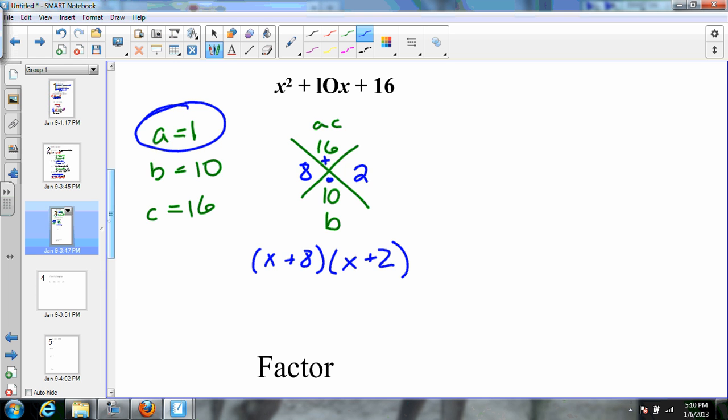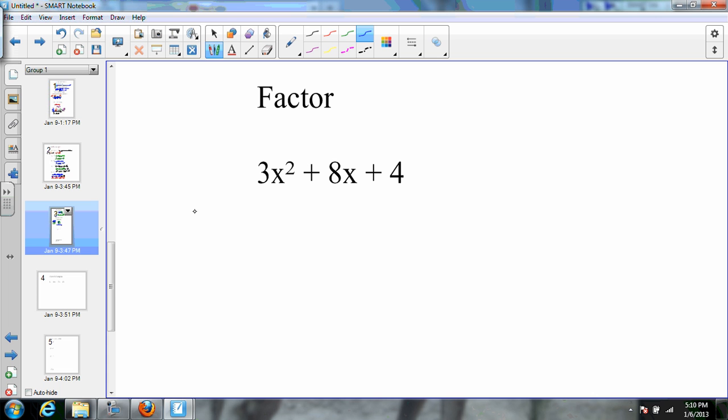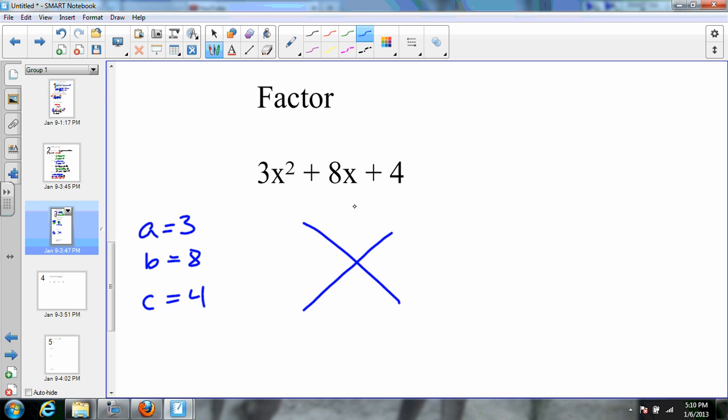So this one had a as 1. It's pretty simple, but when a is not 1, you have to do an additional step. So we have 3x squared plus 8x plus 4. a is 3, b is 8, c is 4. a times c up top is 12, b is 8. What two numbers multiply to 12 that add to 8? 6 and 2. So we fill it in, we get x plus 6 times x plus 2.